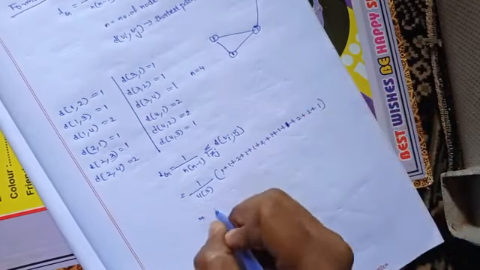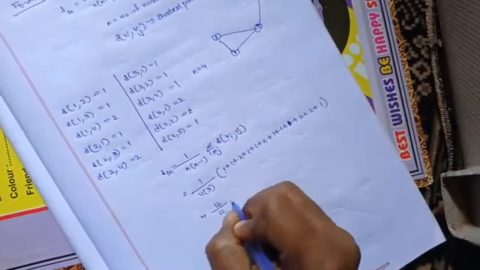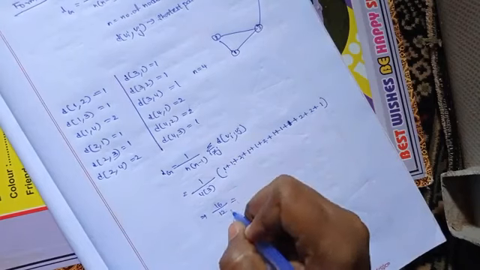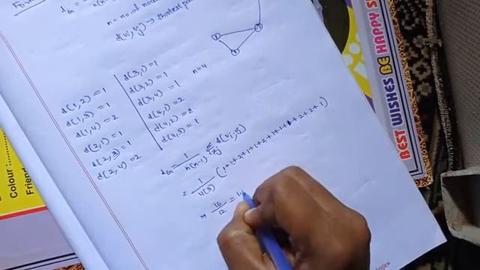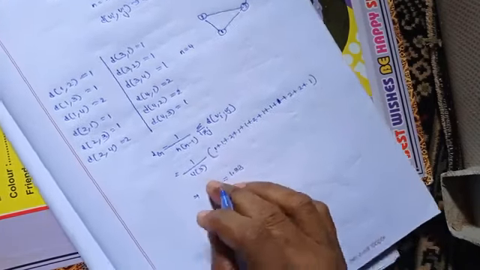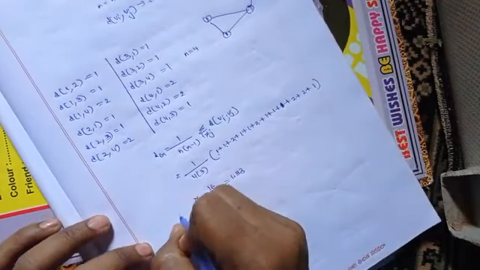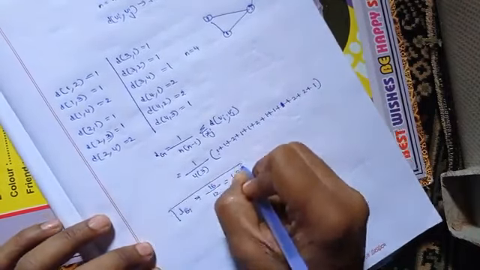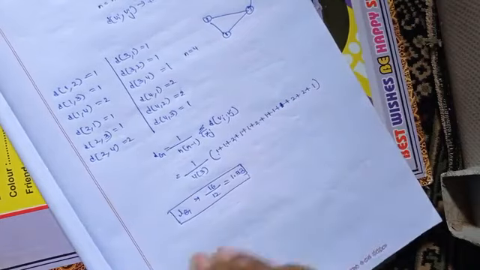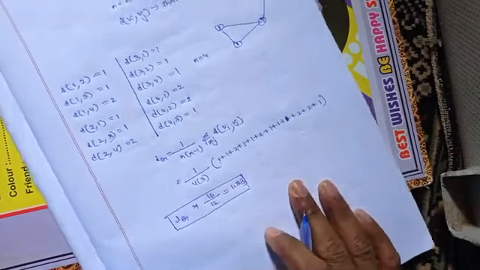So we got 16. So 16 by 4 3s are 12, which results in 1.33. So the average path length LG is equal to 1.33 between any two vertices. This is how we will be finding the average path length.